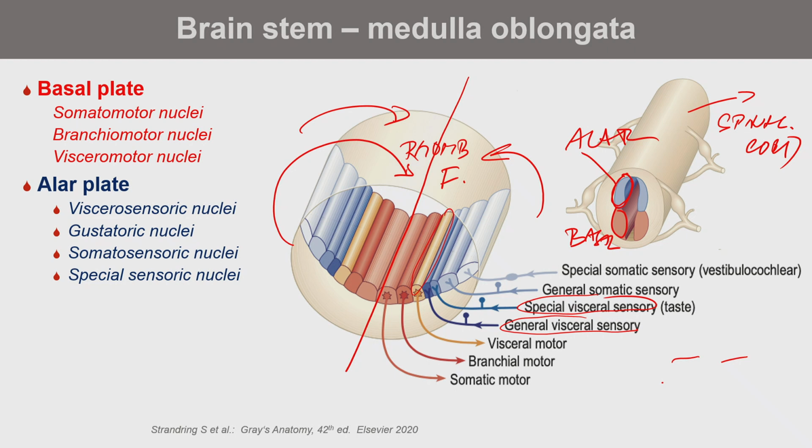The special visceral sensory here is named taste. Taste is a chemical analysis of the content in the oral cavity or in the pharynx, and this is special, but in general it is derived from these visceral sensations, only with some more specialized cells.